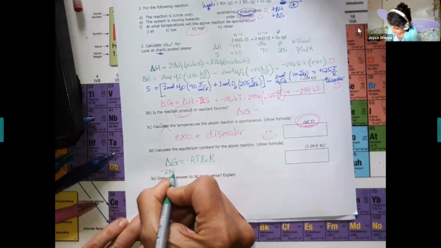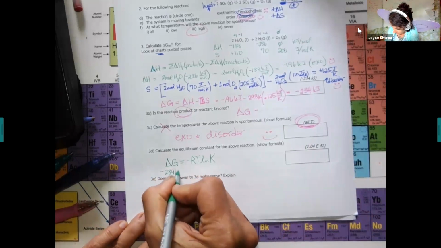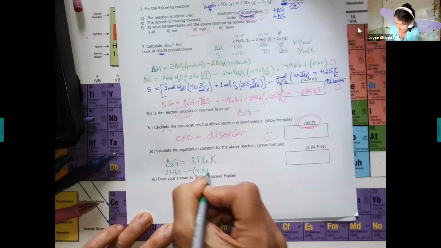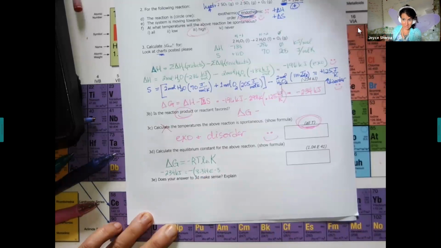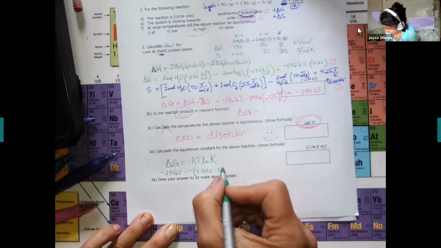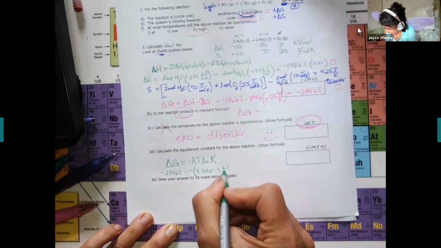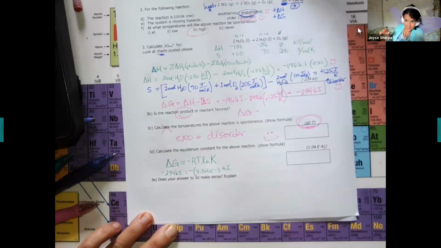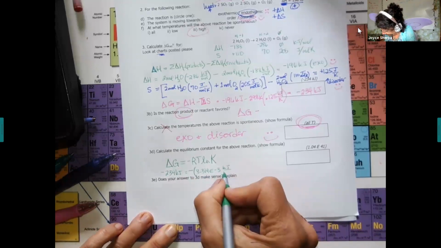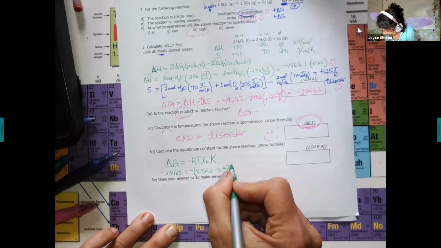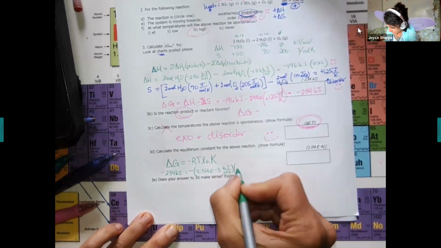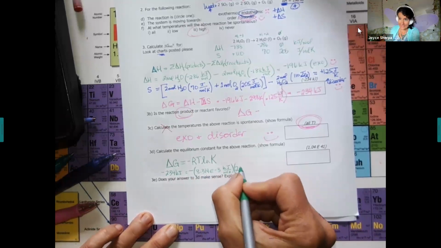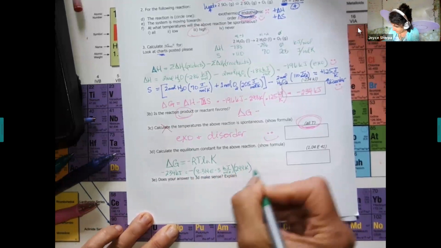R, just a reminder, is 8.314 e to negative 3, because we need to be in kilojoules. I wrote it out this time. When I did it on the previous page, I just left it as R. You don't have to write the number out, just make sure you use the right one. Temperature is 298. Then we have natural log of K, and you get this number.